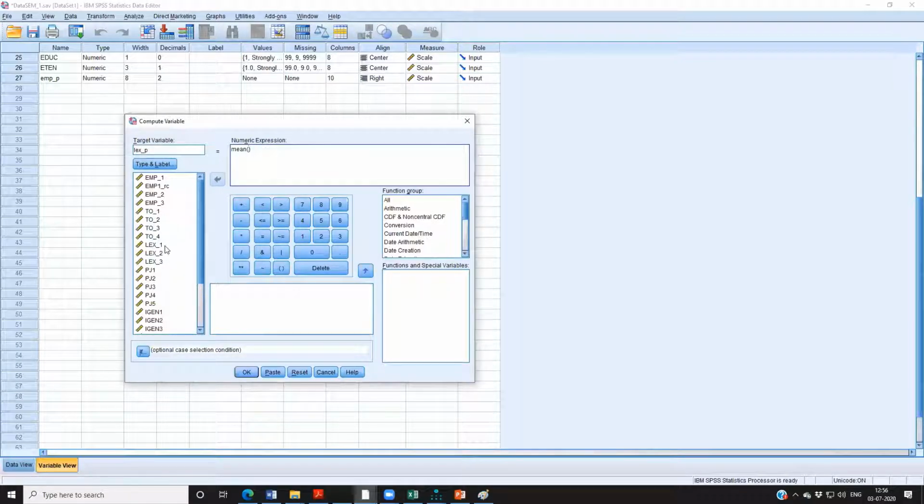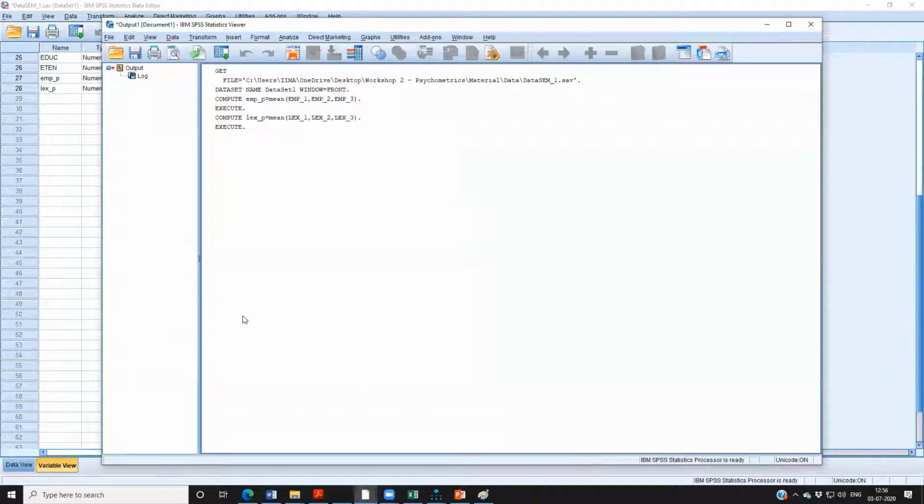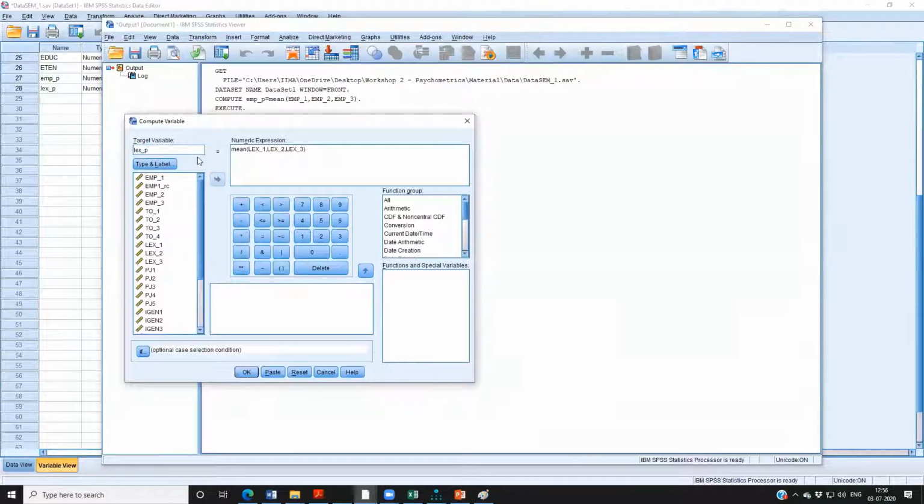The 3 items are LEX1, LEX2, and LEX3. Then we will have PO parcel, which will be PO1, PO2, PO3.